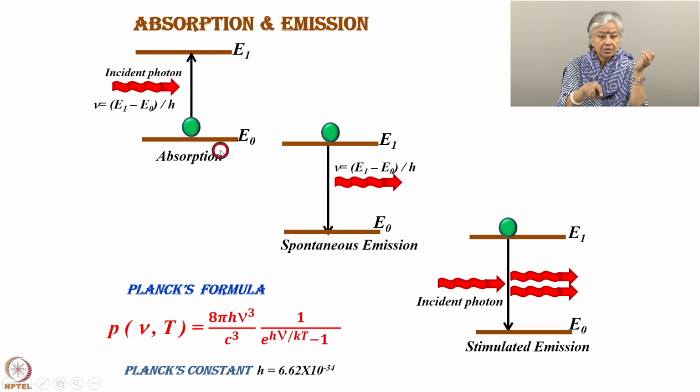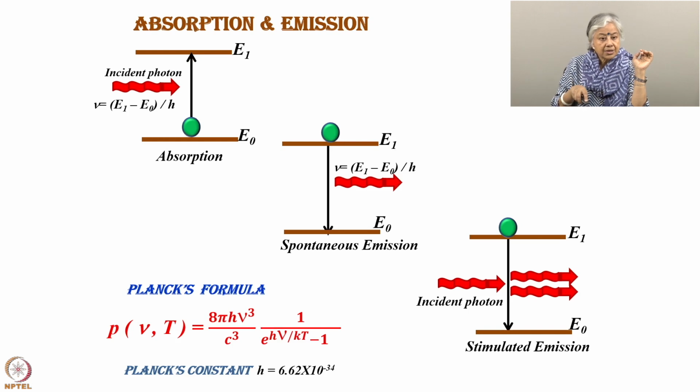This is E0 and this is E1. I am just concentrating on these two energy levels. So, this particle in this level can absorb an incident photon and it can go up to energy level E1.